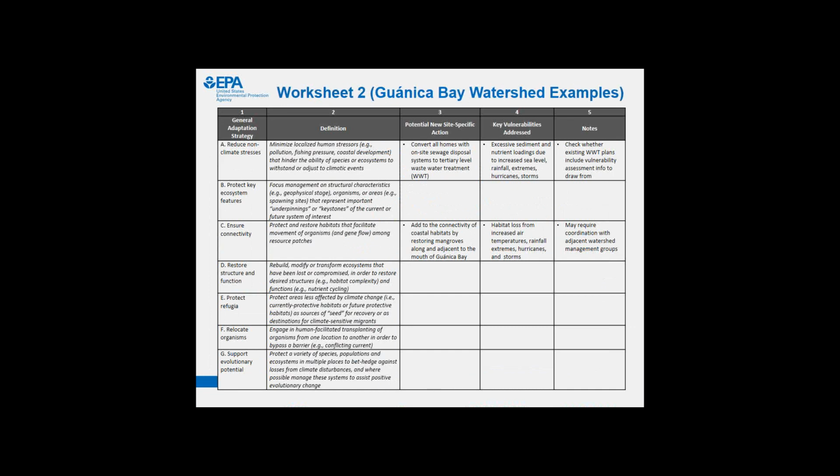I found the compendium to be very helpful when doing this activity. So I'm going to go ahead and talk a little bit more about the examples that I've put into this. So we have here in front of us the Guanica Bay watershed examples, and it was good for me to look over these and see how they related to American Samoa as well, with our coastal habitats and our own reefs here. So let's see.